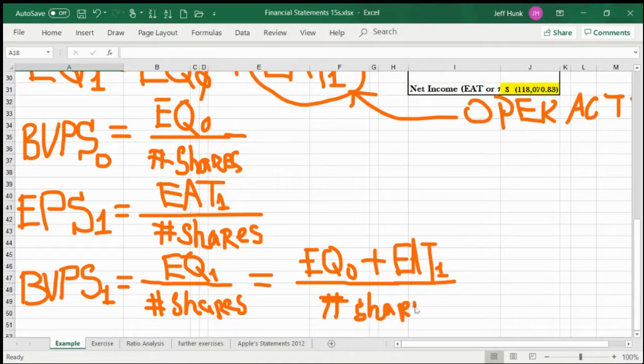But then we can break it up. What is equity at time 0 divided by number of shares? It's exactly book value per share at time 0.